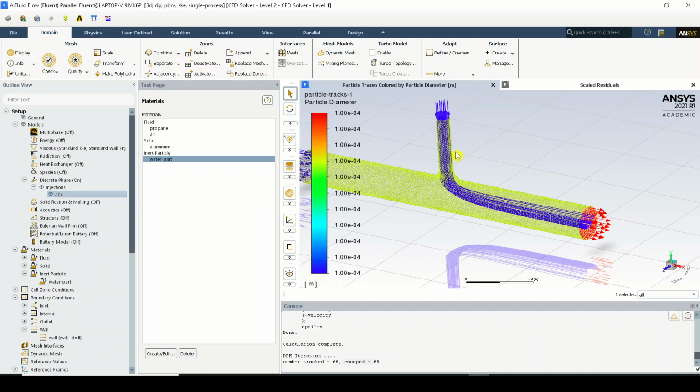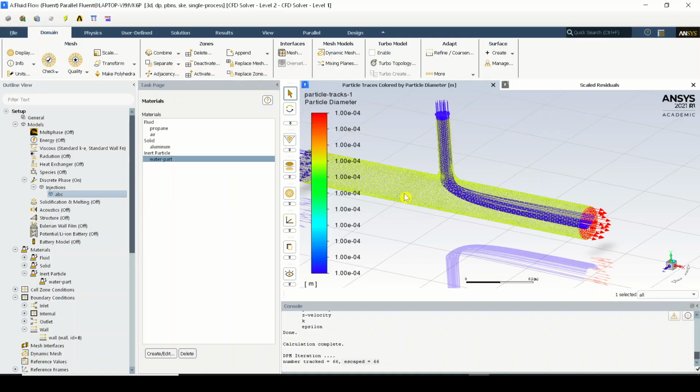And what do we generally mean with one-way coupling or two-way coupling? One-way coupling means the momentum of the existing continuous flow is affecting the dispersed phase, but the momentum of the dispersed phase will not be affecting the continuous phase.